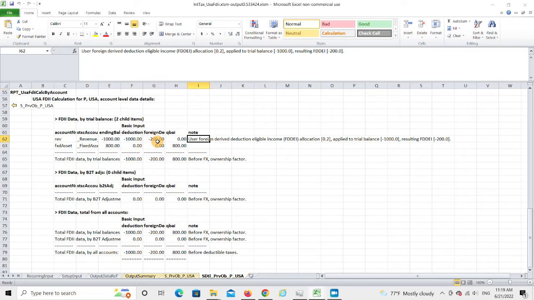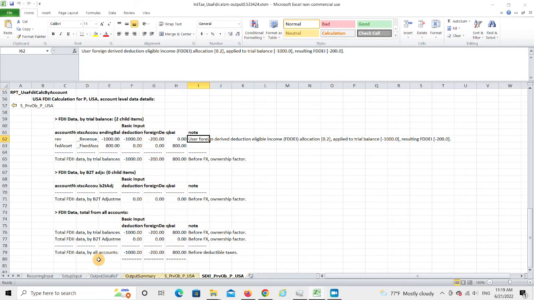So it says that, and a fixed asset contributes to the QBAI, which logically makes sense. And there's nothing from the book to tax adjustments contributing to the FDII basic numbers, and the two parts combined together give us the final answer.